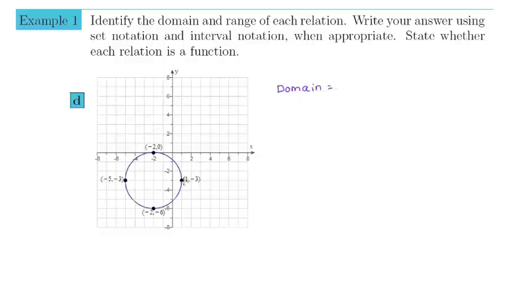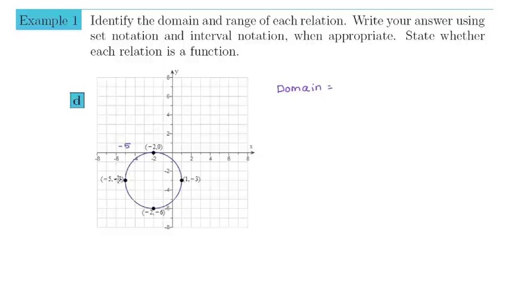So the domain is represented along the x-axis. It means what's the smallest x value that pertains to our relation. Well, notice the smallest x value means the lowest place to the left where this curve goes. And the farthest place to the left where it goes would be the value -5 for x.